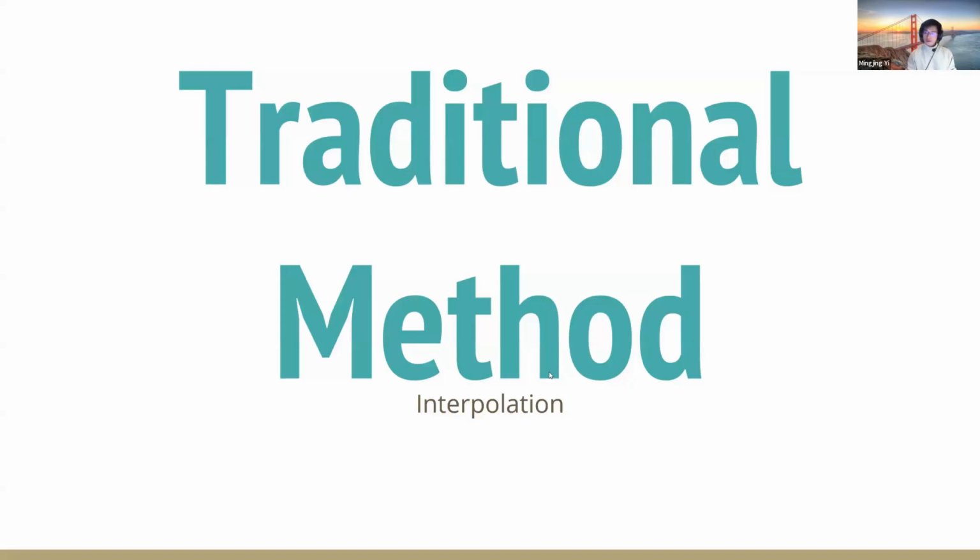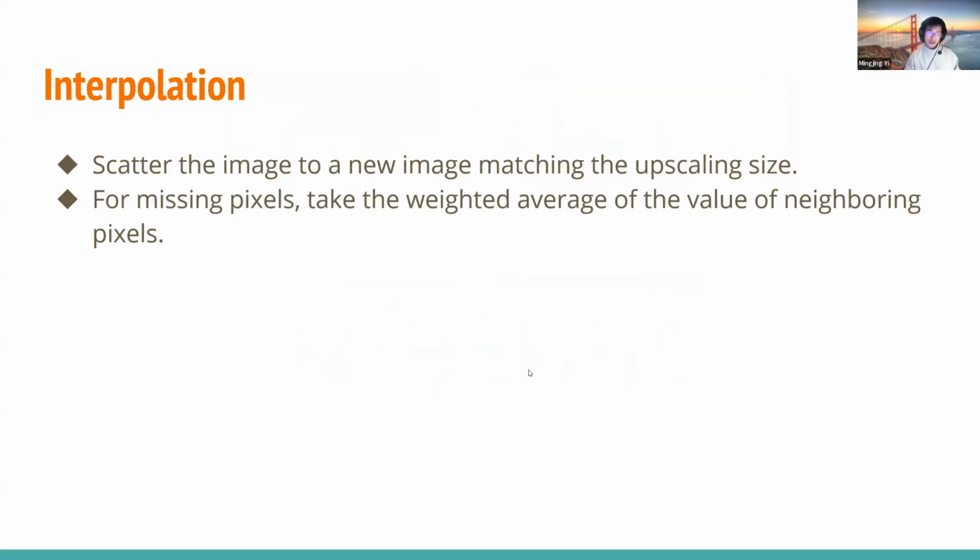Let me introduce the traditional method, which is called interpolation. Interpolation is actually not a unique idea for image super resolution, and it's very common in computer science. The step in interpolation for super resolution is that it scatters the image onto a new one matching the upscaling size. For these missing pixels, it takes the weighted average of the values of neighboring pixels.